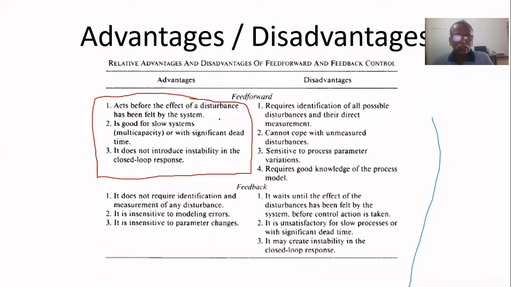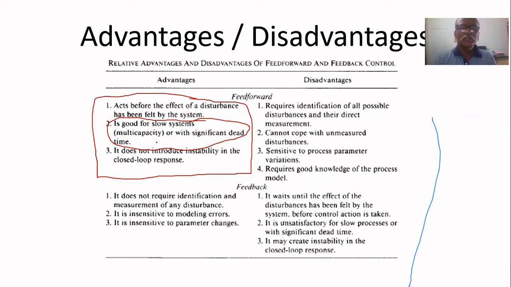We want to sense any disturbance entering the system. If we are able to measure that, we can take appropriate action before it damages the process variable. That is the first advantage. The second advantage is that it is good for slow systems or those with significant dead time. For slow systems, it is good.